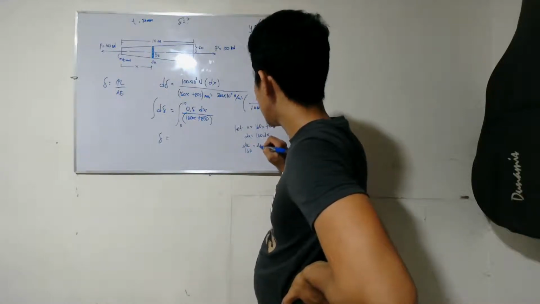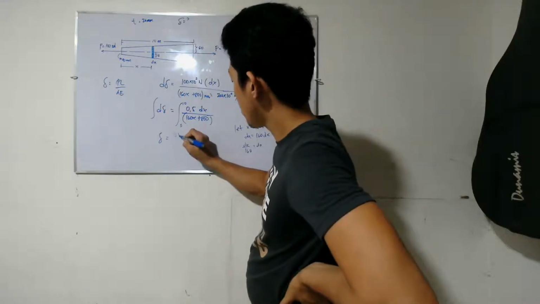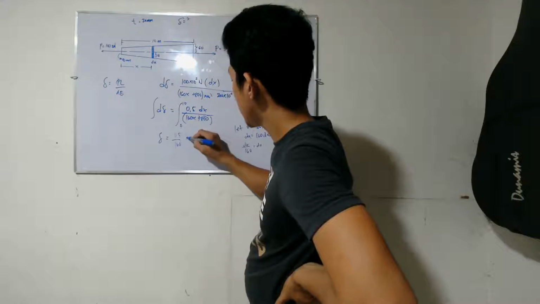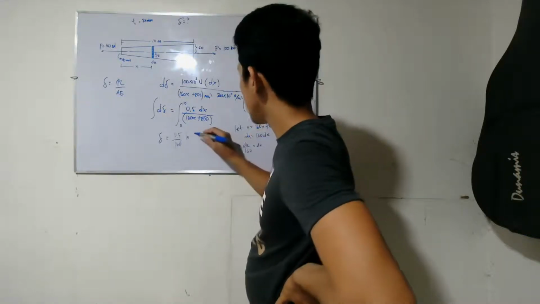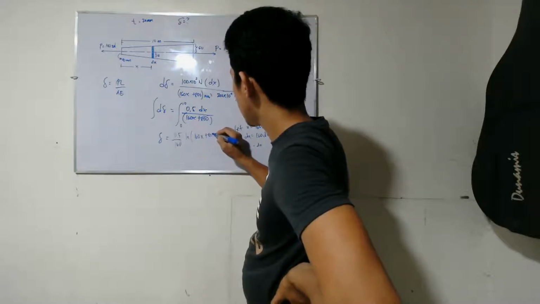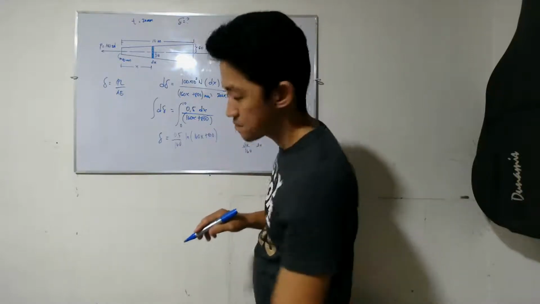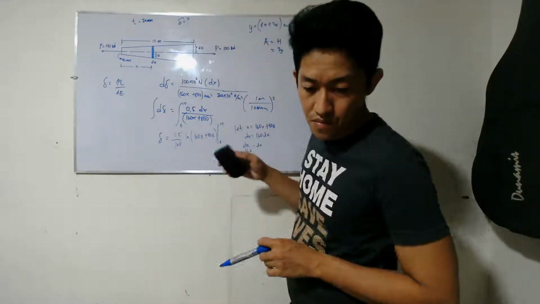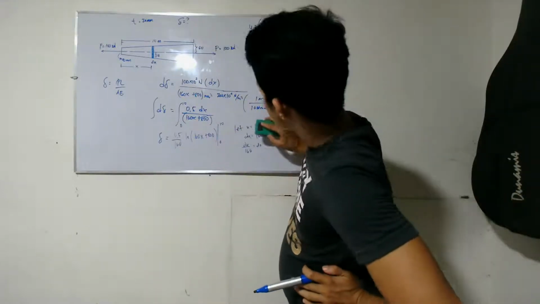So we have 0.5 over 160 ln of u, where u is 160x plus 800, evaluated from 0 to 10. So what do we get?